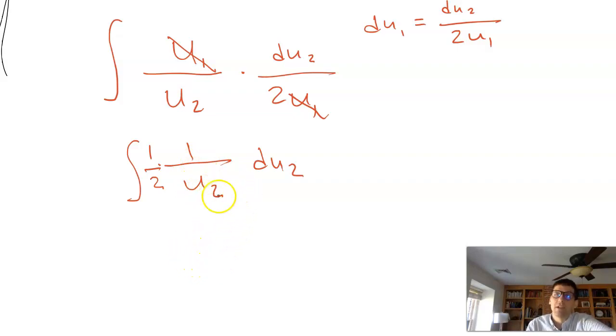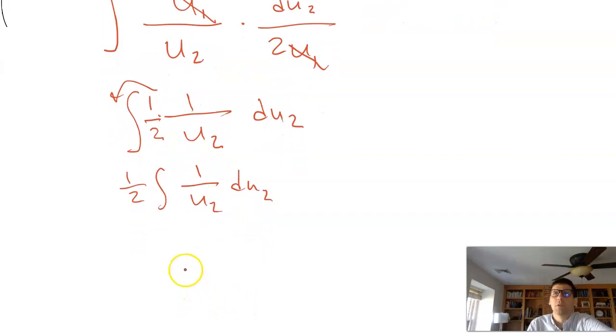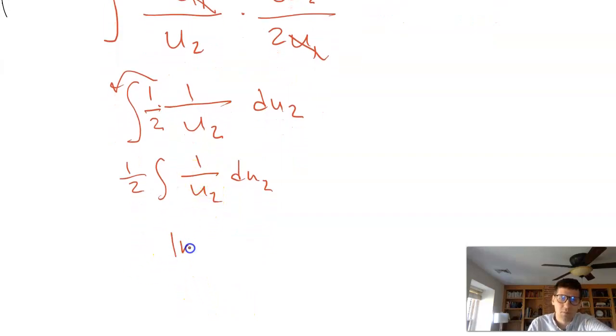And when I integrate, this is similar to the one that we had just seen. This 1/2 could even just come on the outside as a constant. So it's 1/2 the integral of 1 over u2 du2, which would be the natural log of the absolute value of what's right there, plus c, and obviously the 1/2 has to come down too.